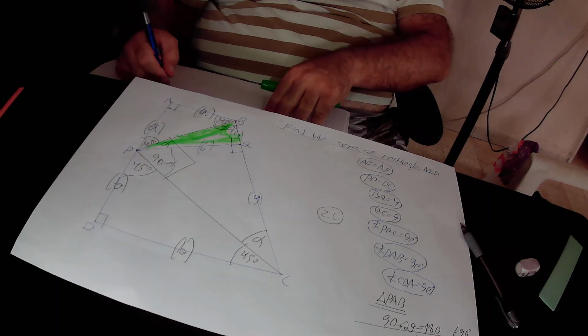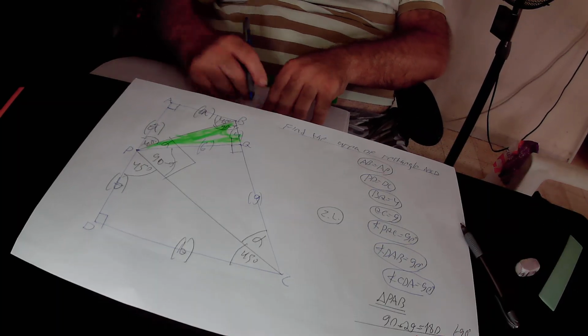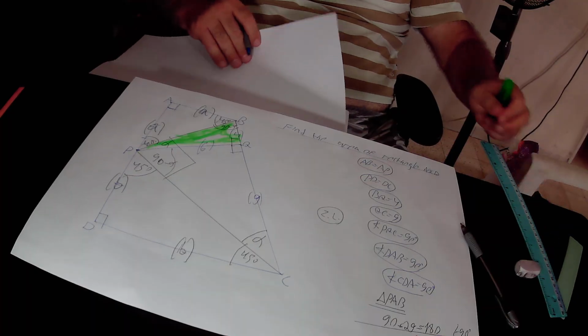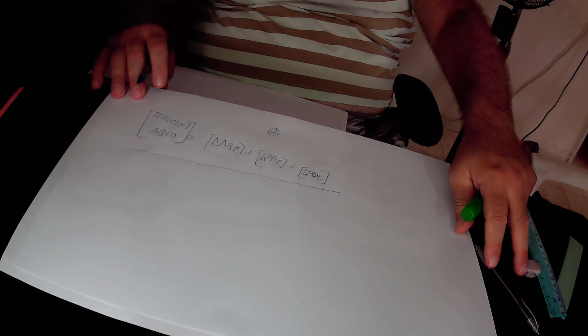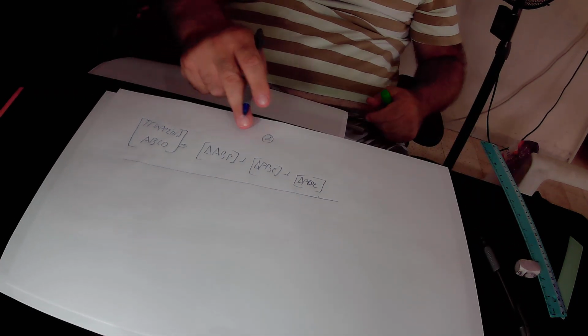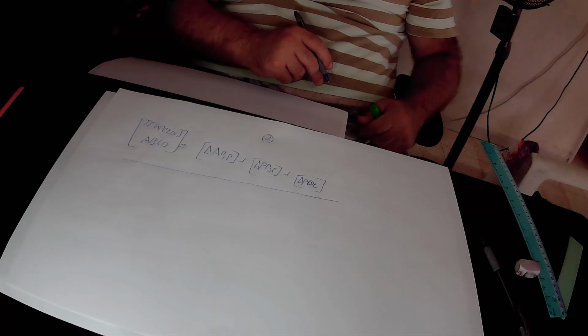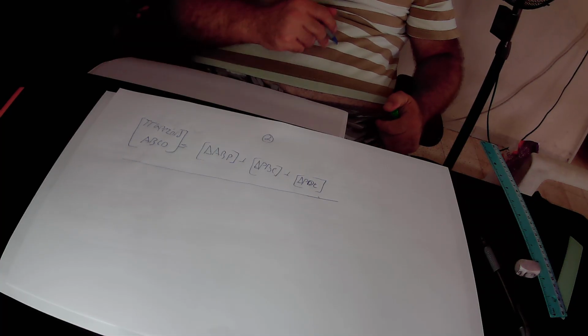So to repeat again, we found out that the area of trapezoid ABCD is equal to the sum of the areas of the three components that the trapezoid ABCD consists of.